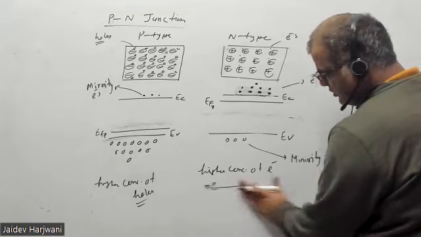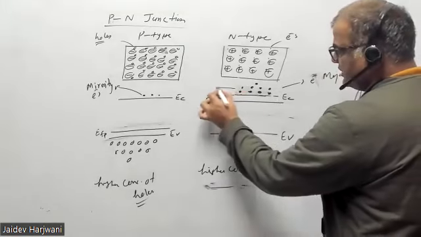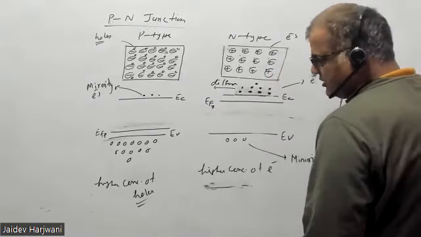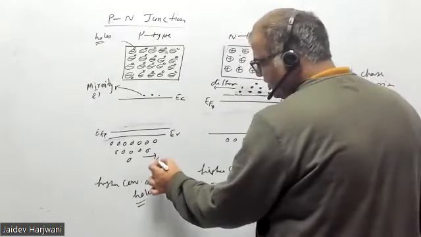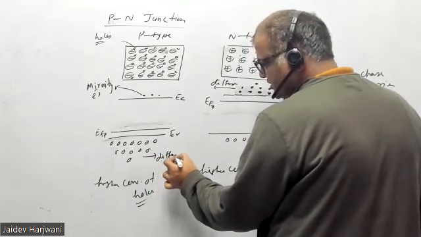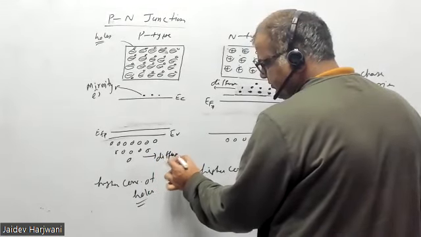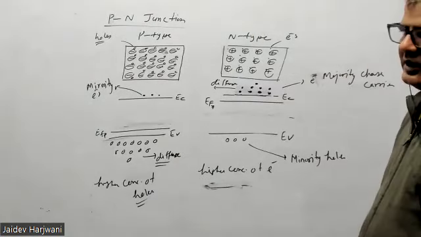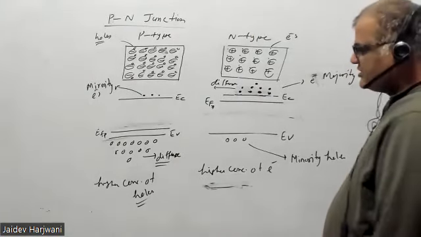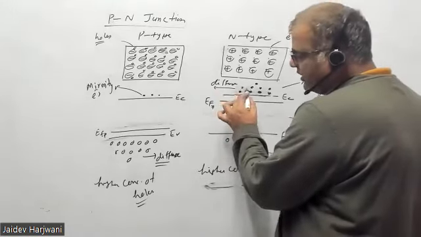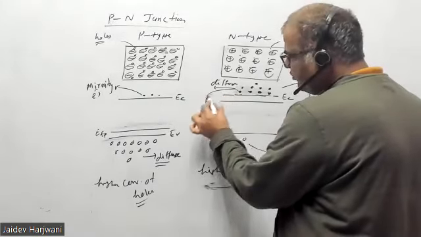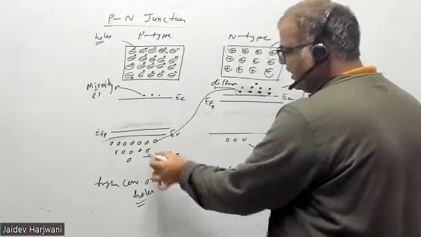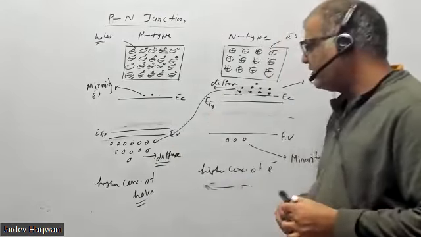So these electrons will diffuse, and similarly these holes will diffuse towards the junction. When diffusion takes place, these electrons will go and combine with these holes. We'll see how it happens.